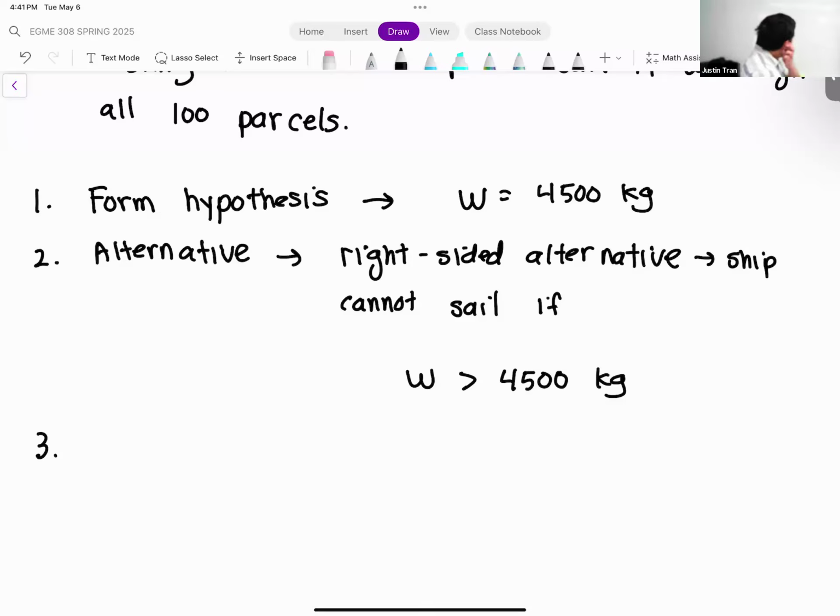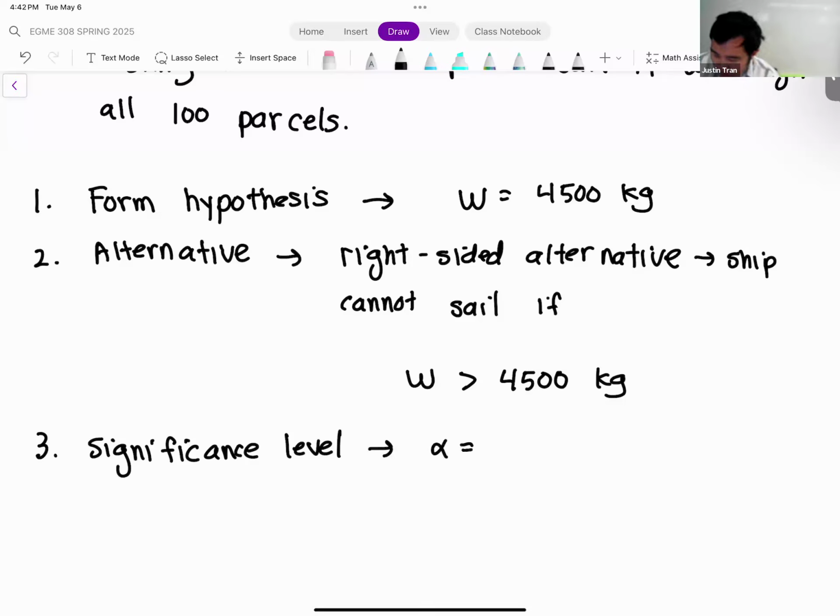Okay. Step 3. Step 3 is for us to choose a significance level. So this is usually pretty standard. And so for this case, we're going to choose 5%. So we have alpha equal to 0.05.